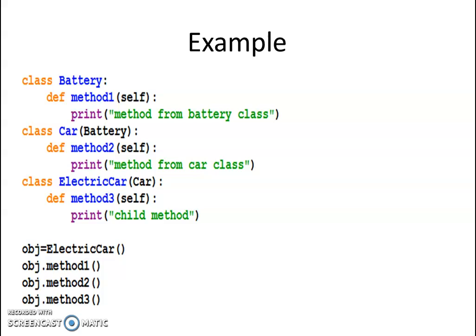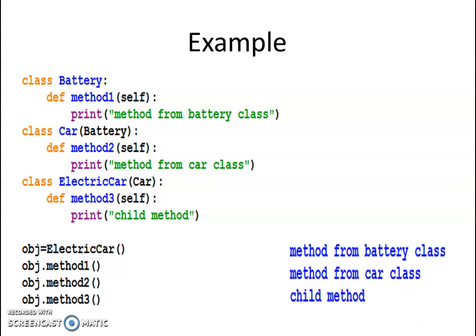And yes, you are right. When we run this code, the output will be "method from battery class", as this is the statement inside method1, "method from car class", as this is the statement inside method2, and "child method", as this is the statement inside method3. So in this way we can achieve multi-level inheritance in Python.